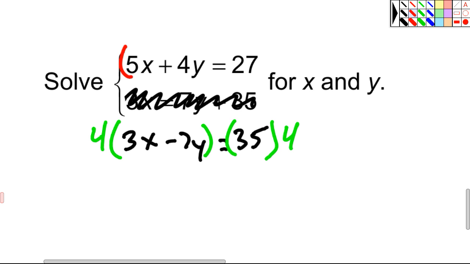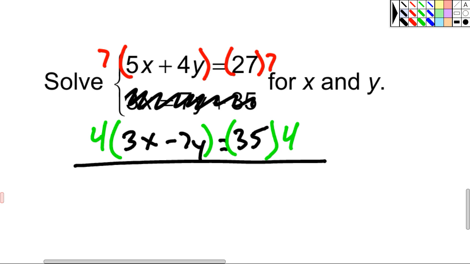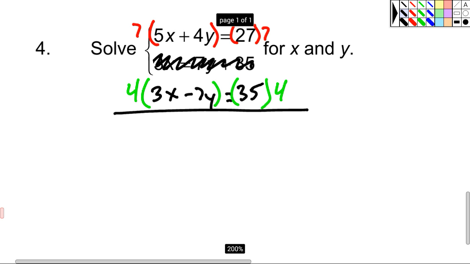So multiply the left by 7 and the right by 7. And now we multiply and see what we got. So 7 times 5x, 35x. 7 times 4y, positive 28y, equals, we got to figure out what 27 times 7 is, which is 189.